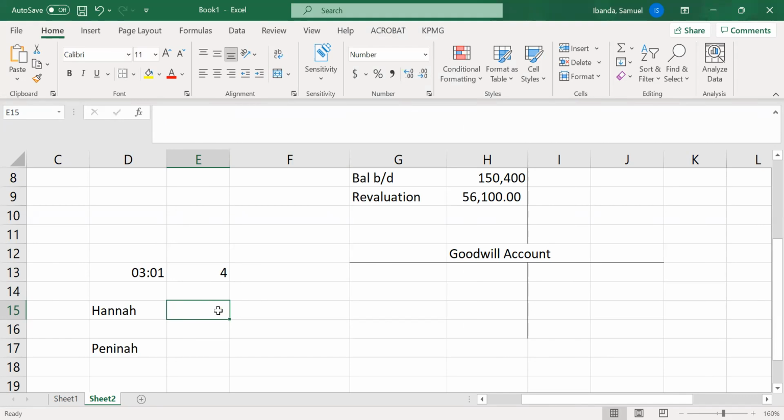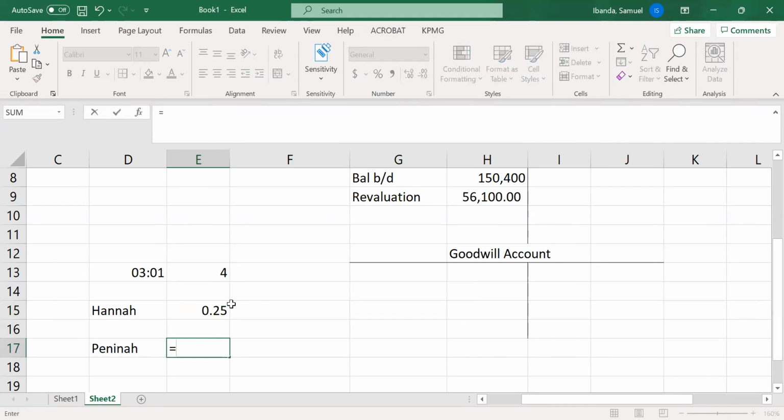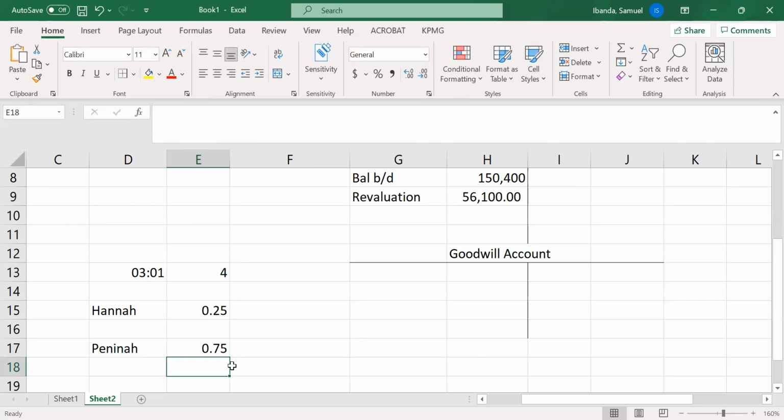You can do this on your calculator. So 1 divided by 4 is 0.25. Because the total ratio is 4, this will be 3 divided by 4, which is 0.75.